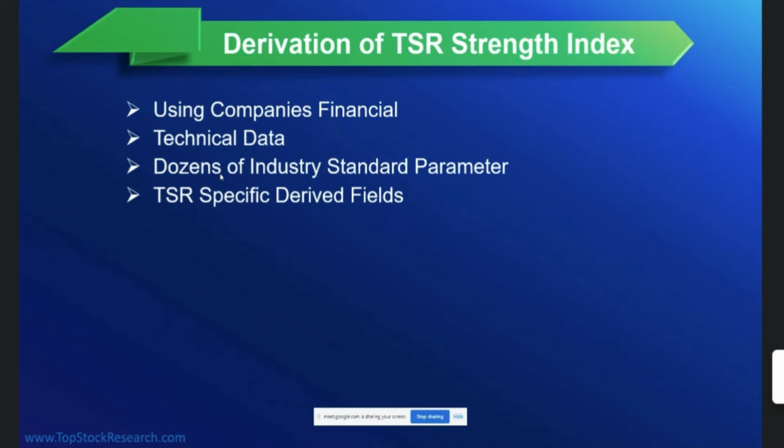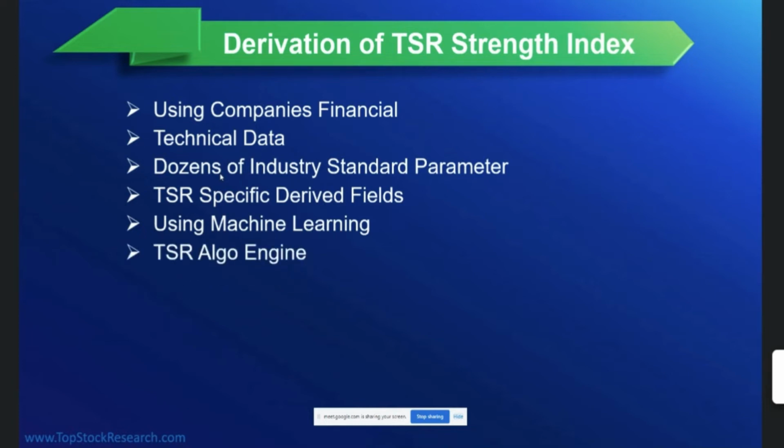We are planning to release a lot of them in coming days, but it's still more like an internal tool calculation. We use a lot of those derived fields, doing some back testing before we release them to a larger audience. Then we use some machine learning, and we have a TSR algo engine. The TSR algo engine not only calculates the strength of the stock, but also vis-a-vis the universe of stocks. So this is typically how we calculate it.